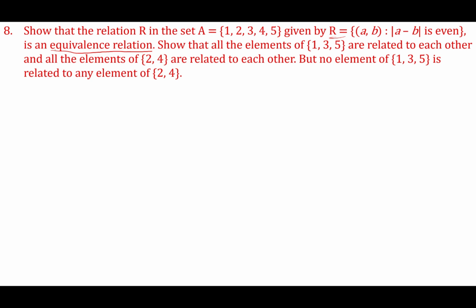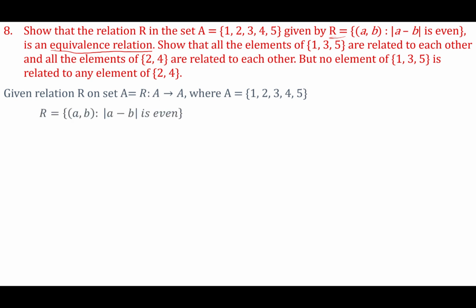At first, the given set A is {1, 2, 3, 4, 5}, and relation R is defined on A as R = {(a, b) such that |a - b| is even}. Try to understand, even means multiples of 2. So instead of writing "is even," I can write |a - b| = 2n, where n is any positive integer.